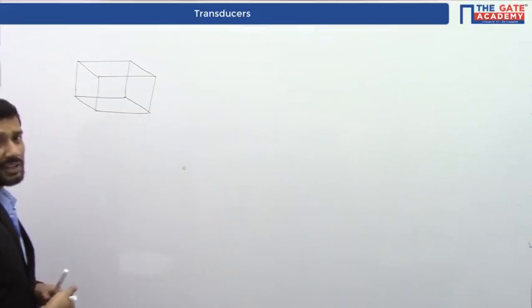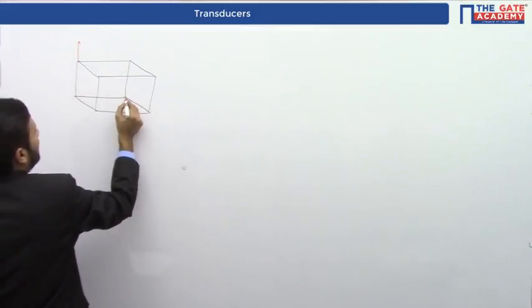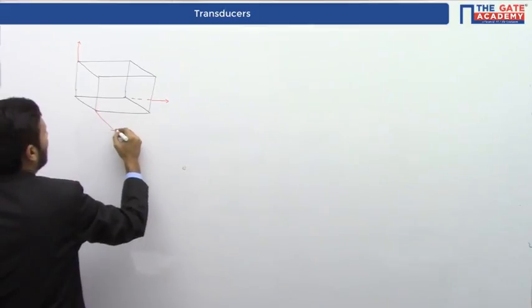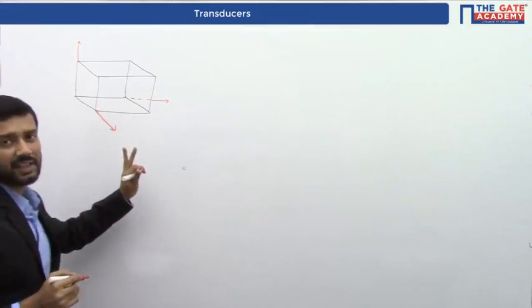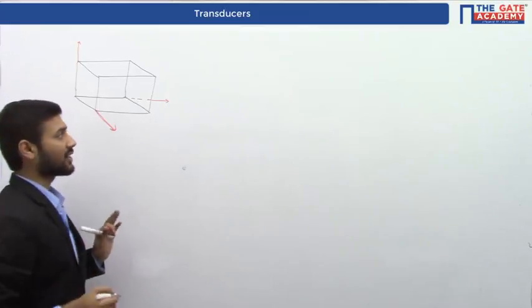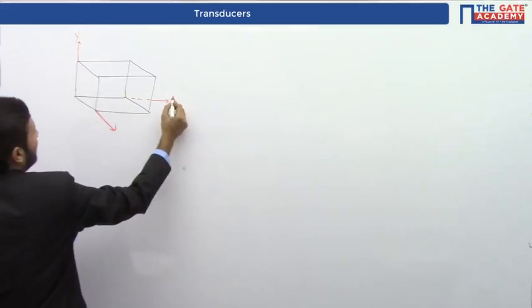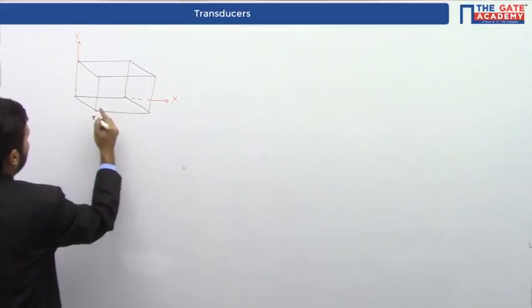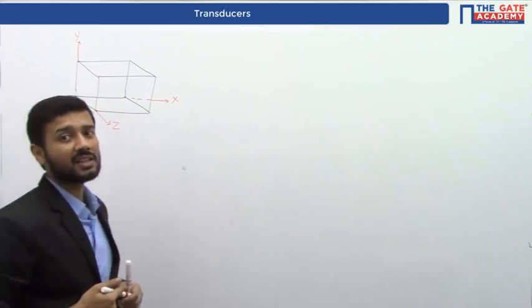Suppose this is our piezoelectric crystal, and these are the 3 axes of this piezoelectric crystal. This is the y-axis, this is x and this is the z-axis of the crystal.